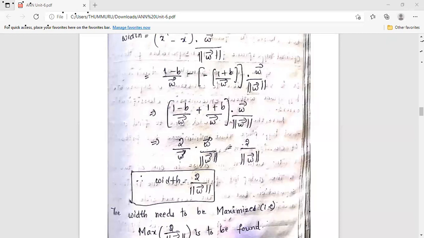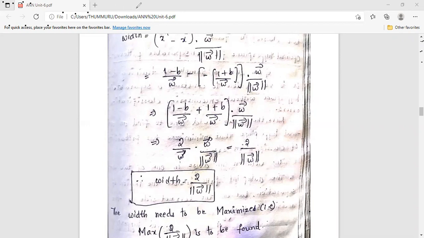The weight vector cancels, so finally you get 2 divided by the norm of the weight vector. This is the width W value. The width equation is 2 by the norm of the weight vector. This is the calculated width.